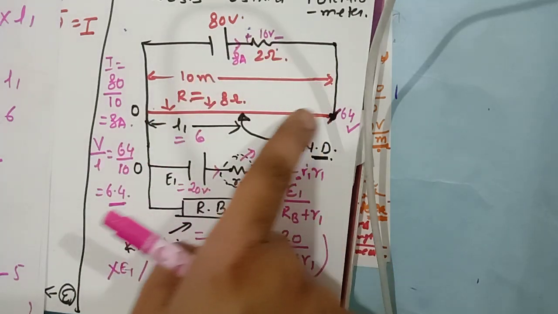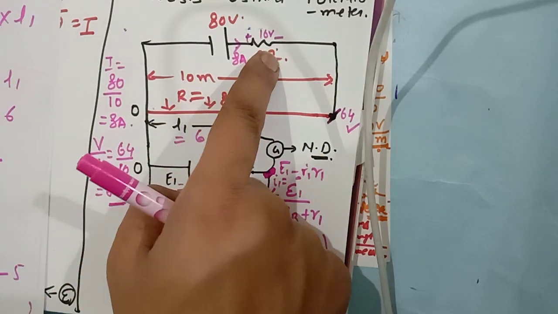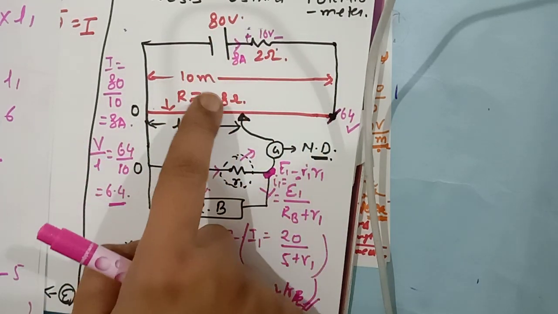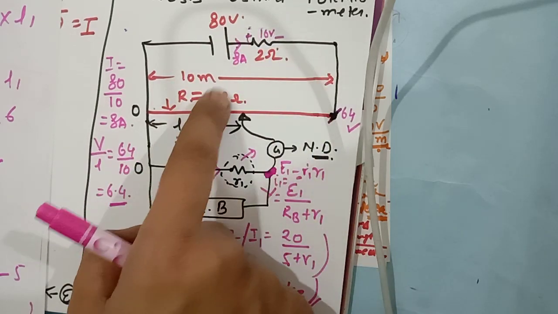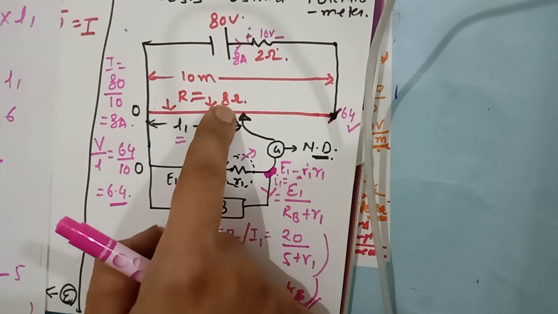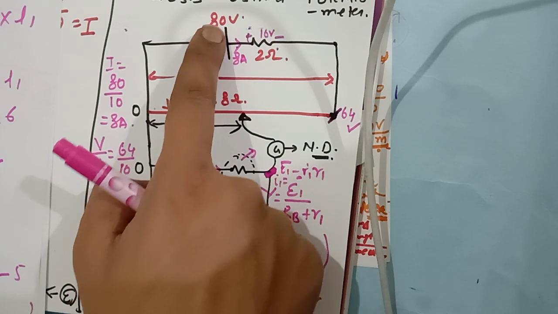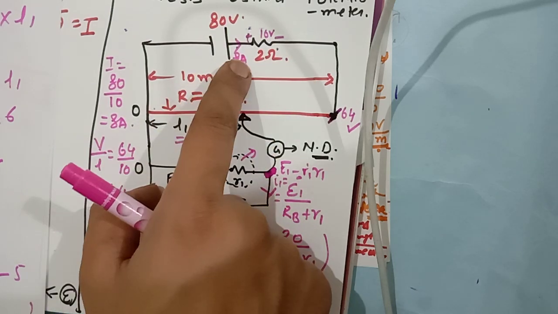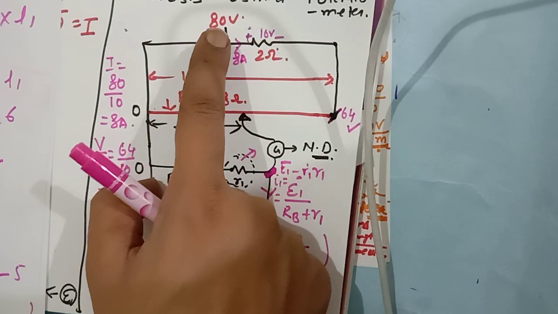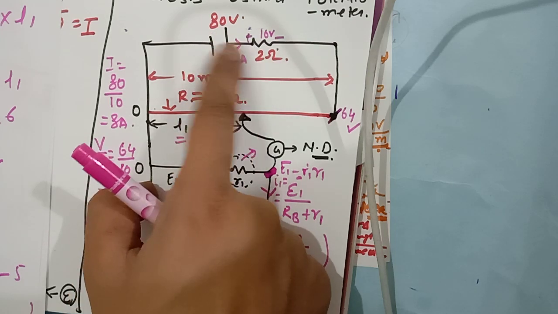Here we can find the current directly: 8 plus 2, that is 10 ohms, 80 volts. It is 2 ohms, it is 8 ohms. So the current in the circuit will be 8 amps, 80 volts divided by 10 ohms.